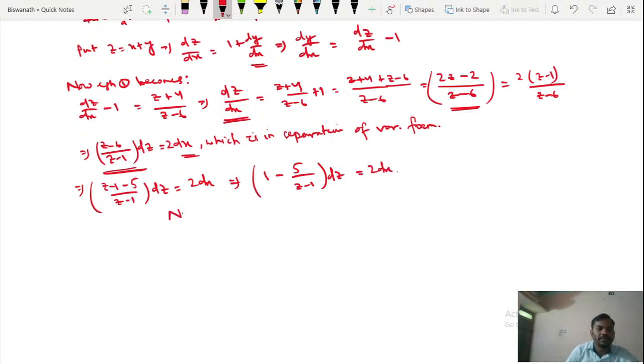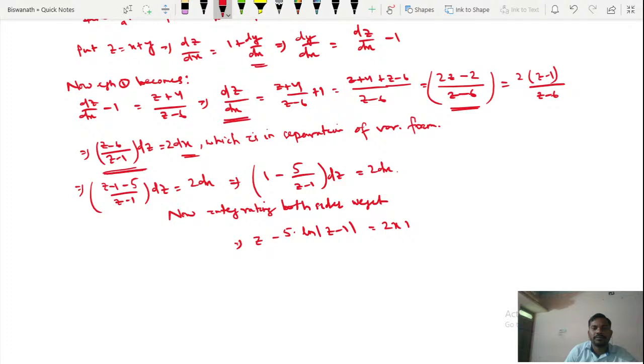Now integrating both sides, what will you get? On the left hand side, the integration of 1 into dz is z, then minus 5 times the integration of dz divided by (z minus 1), which is ln|z minus 1|.